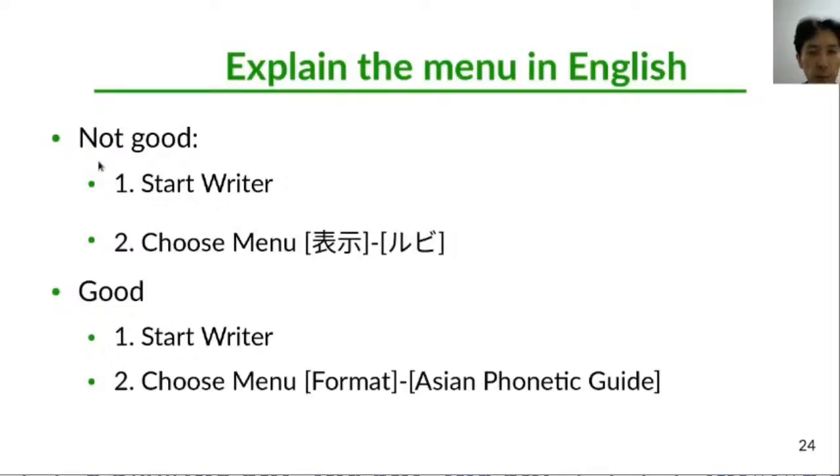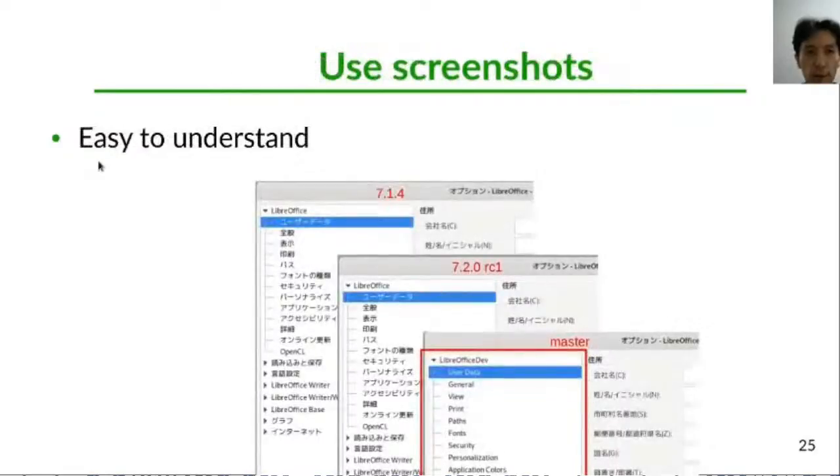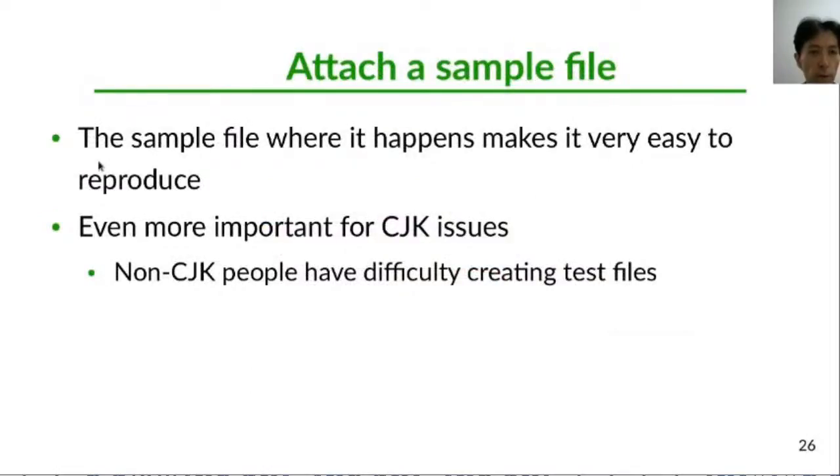English is good. And use screenshots. Naturally, it is very easy to understand, and this is very effective. Also attach a sample file. It's a good approach. It saves time. Check for bugs.